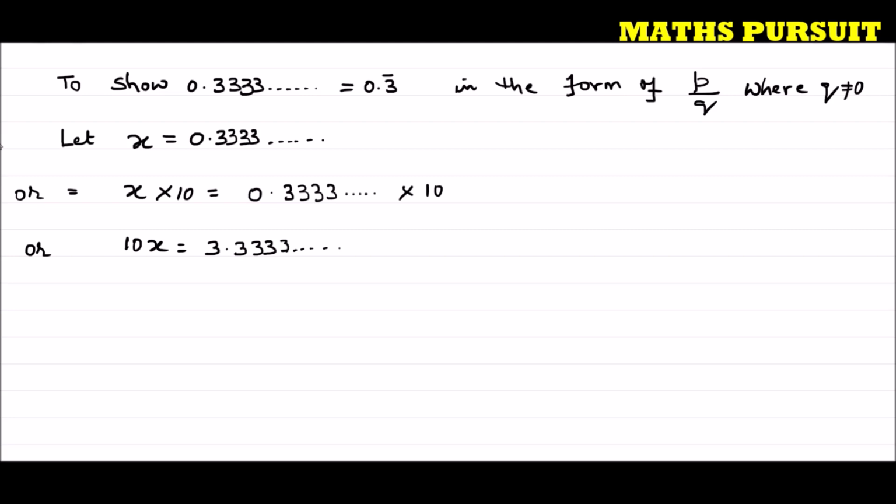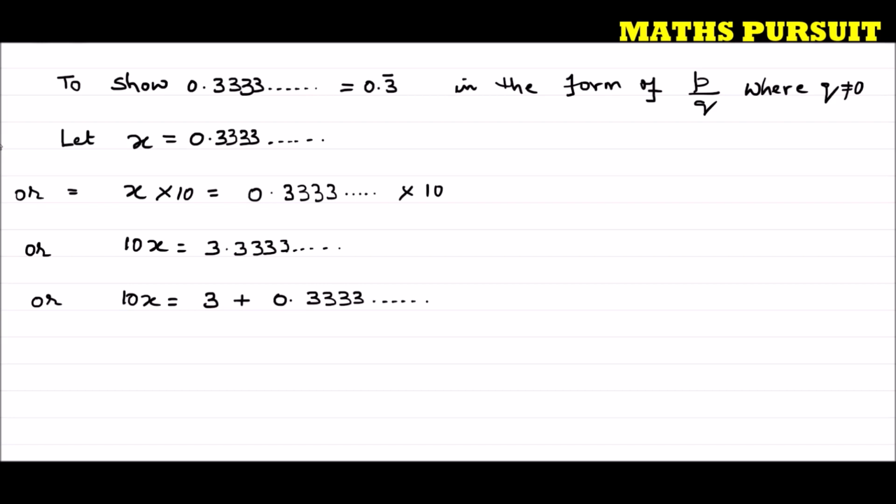So the new number that I'm getting is 10x is equal to 3.3333, repeating. Or I can write 10x is equal to 3 plus 0.3333 which is repeating.